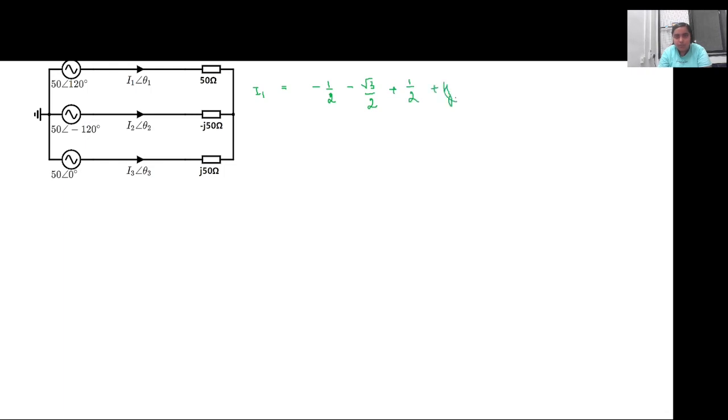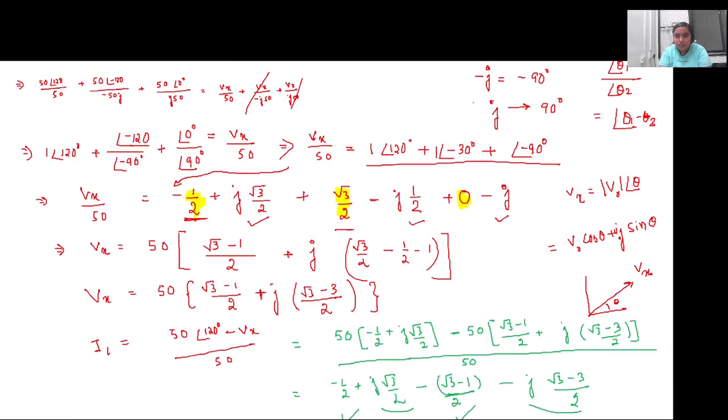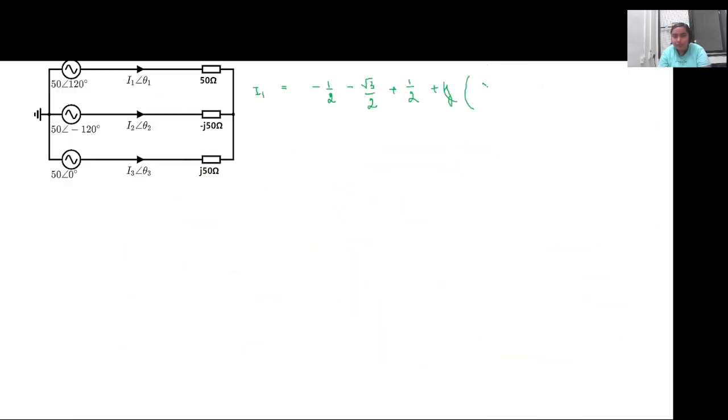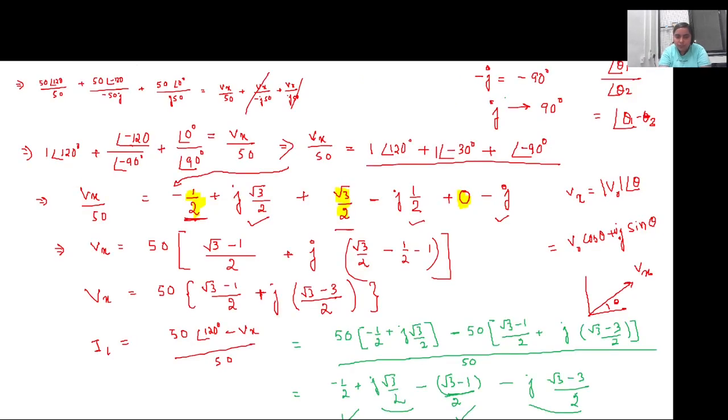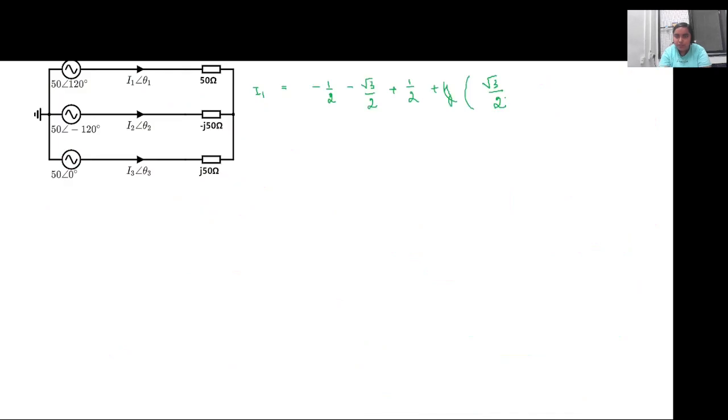Plus j terms, let's write it. So it is root 3 by 2 minus of root 3 by 2 and we have plus of 3 by 2.